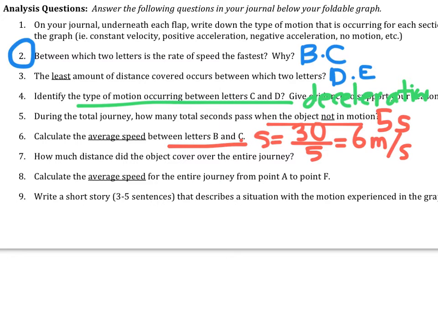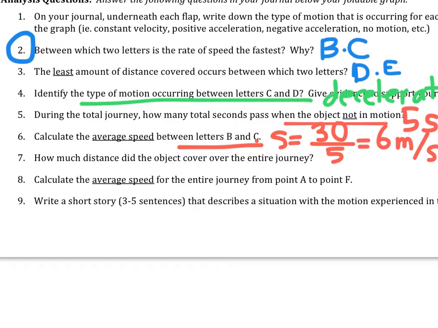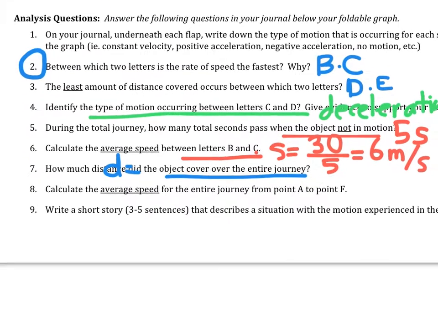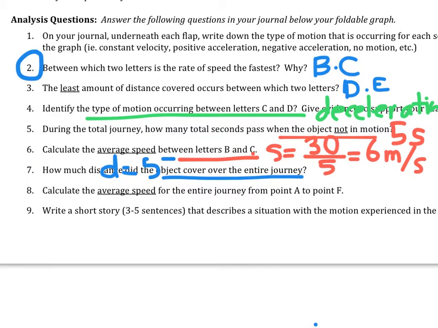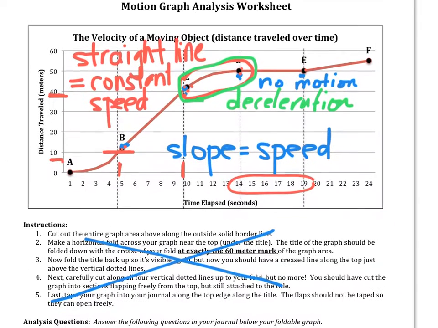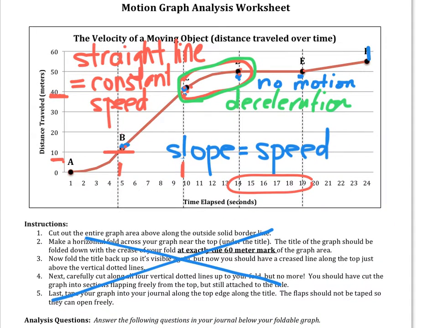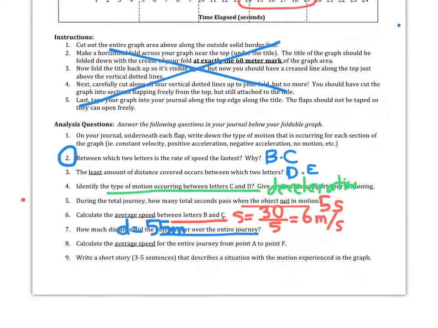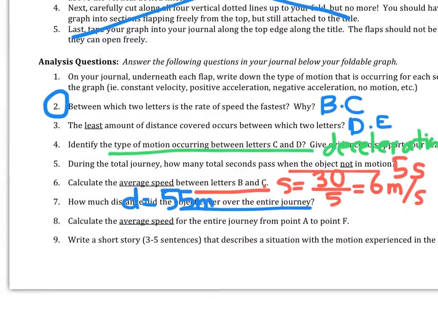Let's go to number 7. How much distance did the object cover over the entire journey? So the distance covered, I'm going to write it on top here. So we can say 55. So our distance covered is 55.